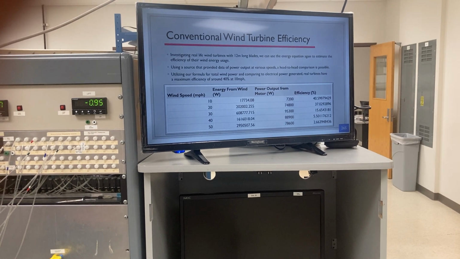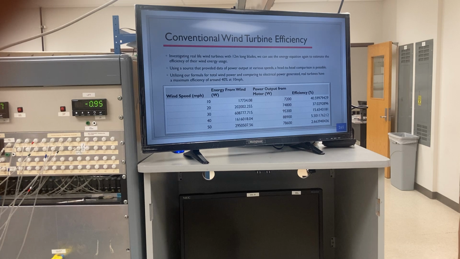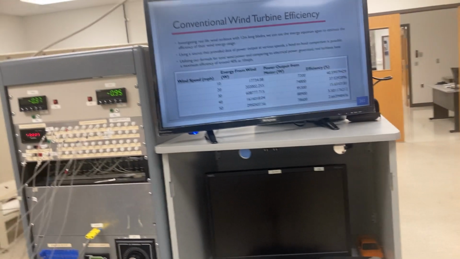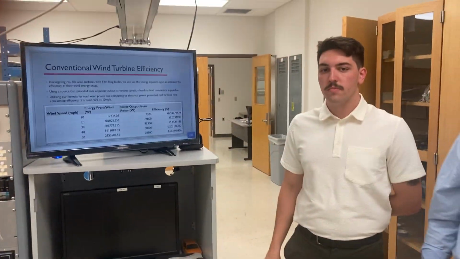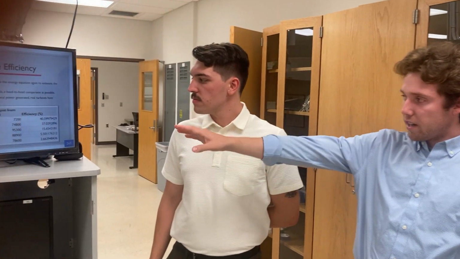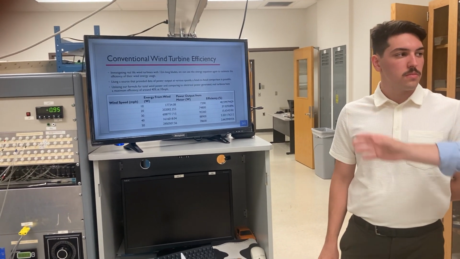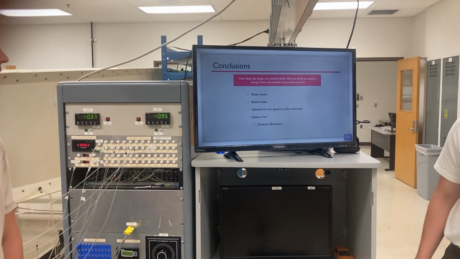This is how we used our energy equation to run the efficiency: calculating the energy from the wind within that 12 meter radius cross section, and then taking the data from their power generation to get our efficiency values.